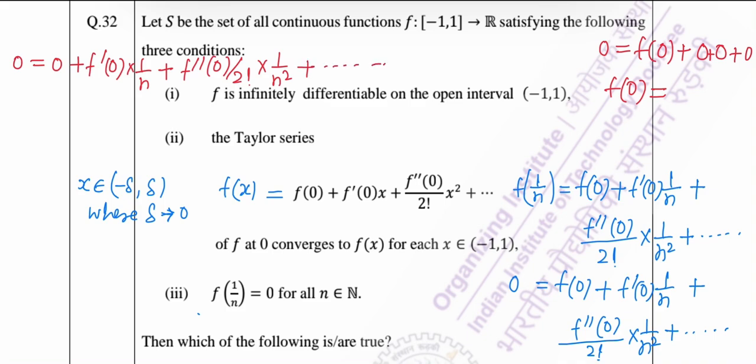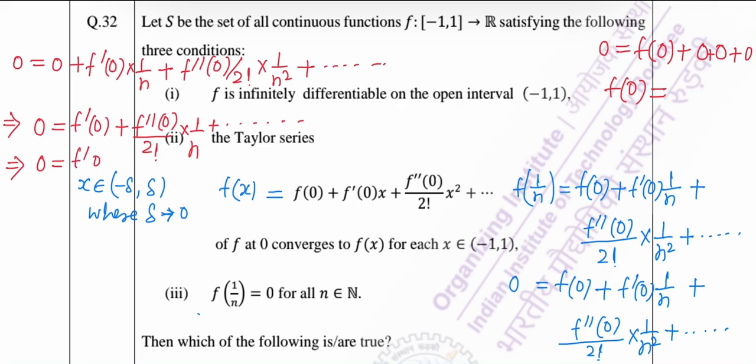And from this relation I can write 0 equals to f'(0) plus f''(0) by factorial 2 into 1 by n, and so on. And again if you tend n to infinity, then this time you will have 0 equals to f'(0).